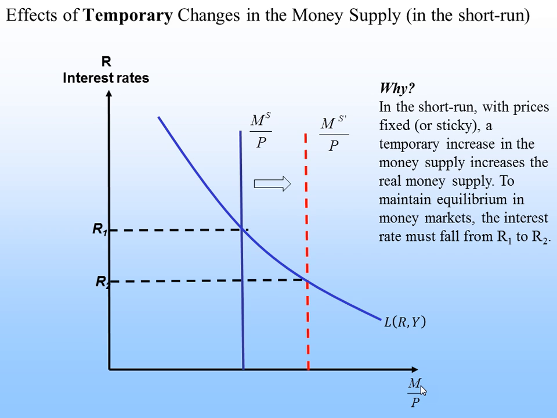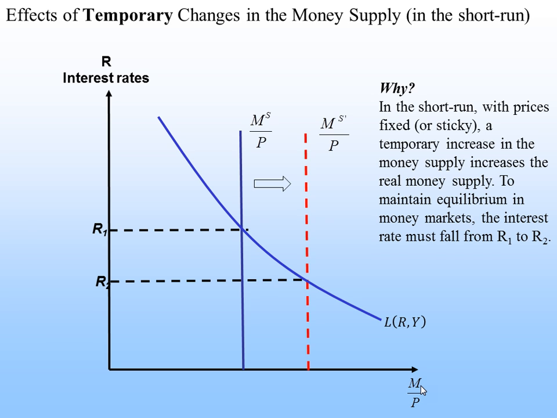Okay, why? Because as long as prices are fixed and haven't adjusted, which is our definition of the short run, an increase in the money supply means an increase in real money balances. So this real money supply curve shifts out to the right. To keep money markets in equilibrium, right?